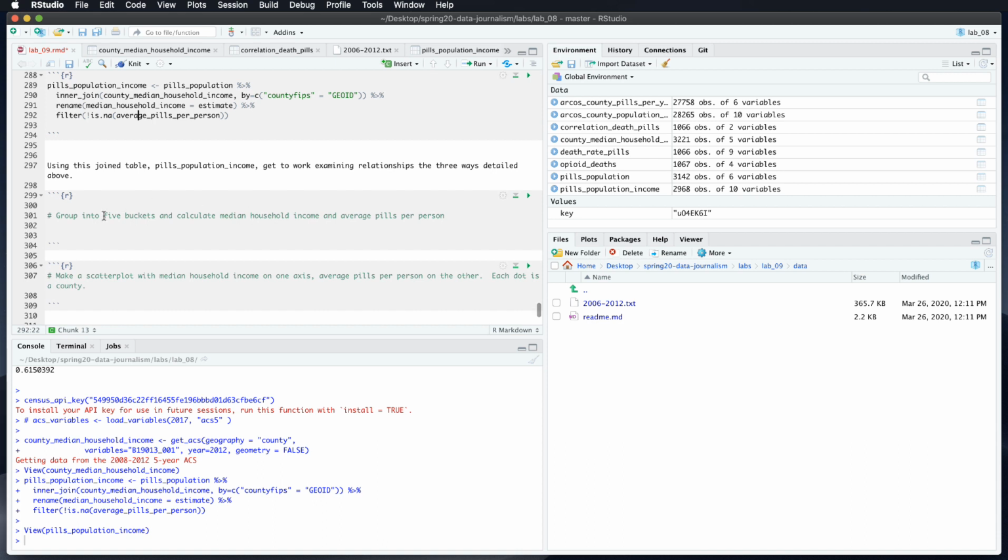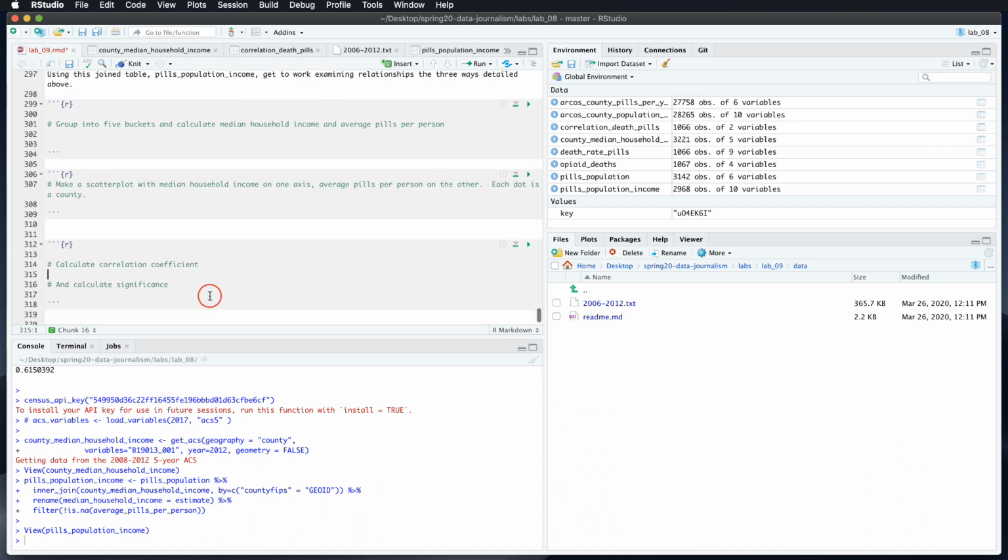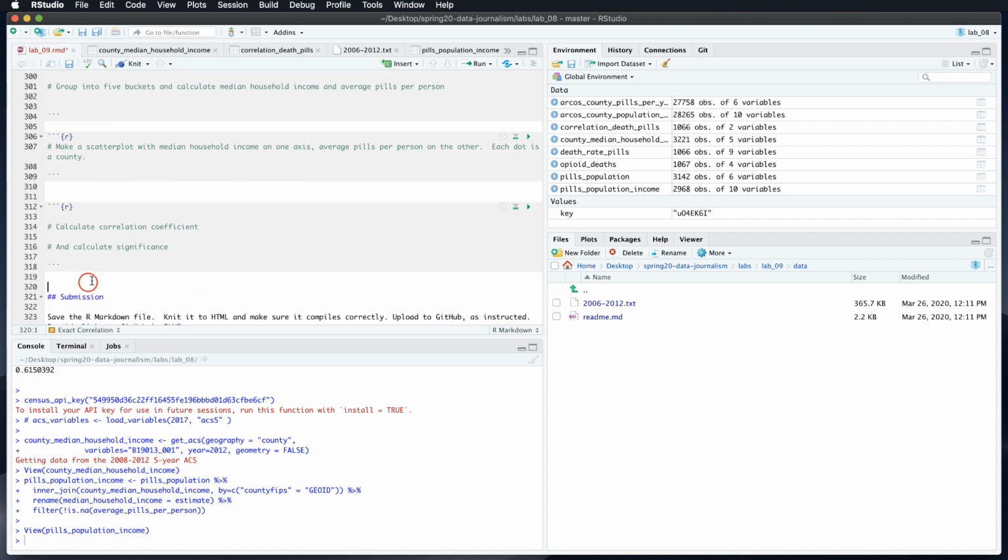So you're going to use the bucket method. You're going to make a scatter plot. You're going to calculate the correlation coefficient. And then you're going to write up what you find below.